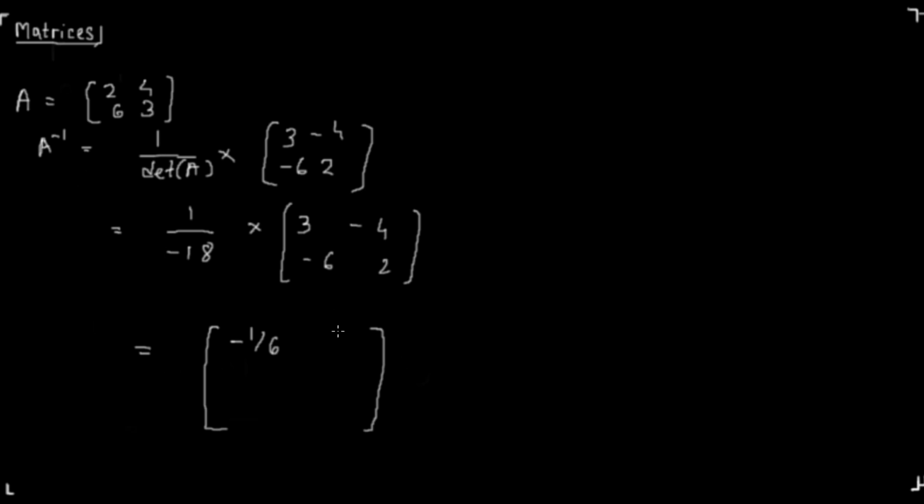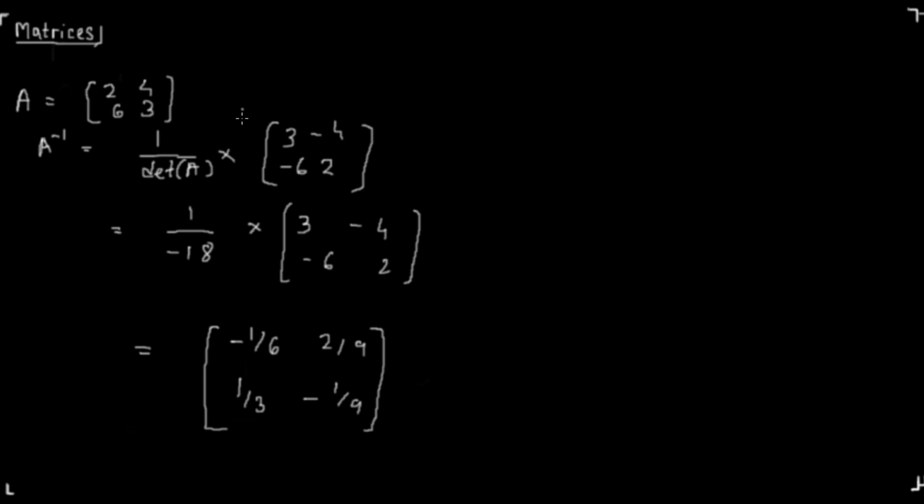Then minus 6 divided by minus 18 is 1 by 3. And this is 1 by minus 9. So this is how you'd find the inverse of a 2 by 2 matrix.